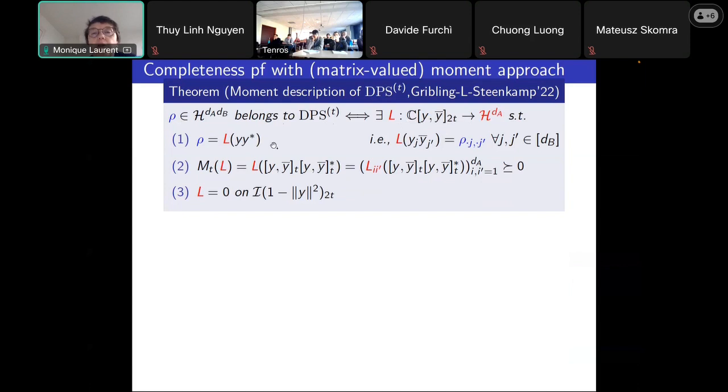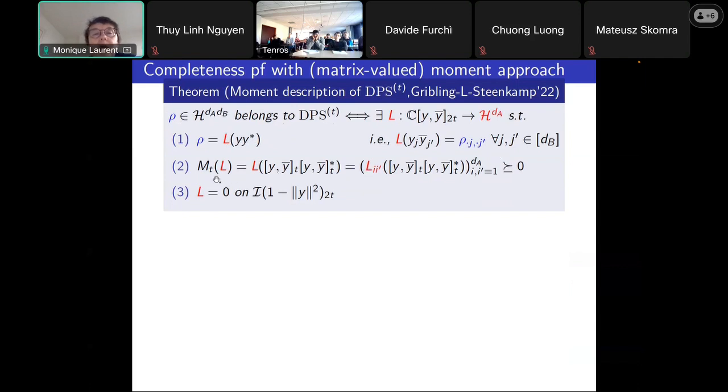What are the conditions on this L? You want that if you apply L to y y star, you find again rho. And this will fit in sizes: rho is d_A d_B, and L takes values in matrices of size d_A.